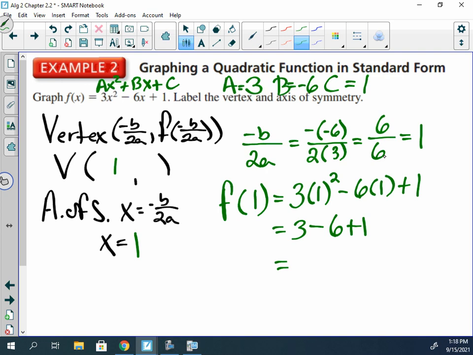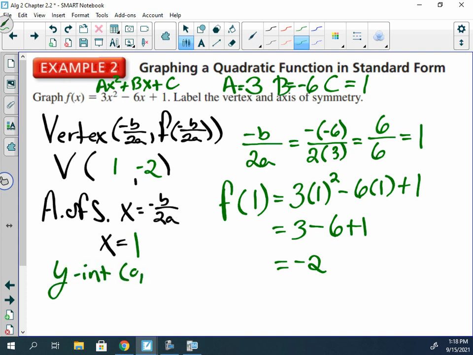So we have 3 minus 6 plus 1. 3 minus 6 is negative 3, plus 1 is negative 2. So the y value of the vertex is negative 2. So the vertex is 1 comma negative 2. The axis of symmetry is x is equal to 1. That's it. I mean, we could find the y-intercept.